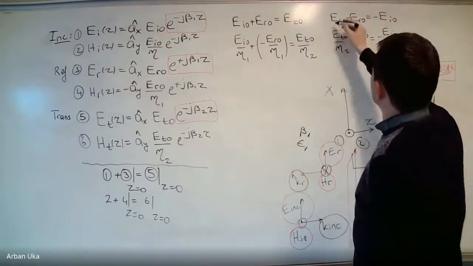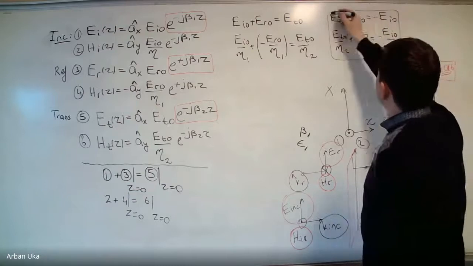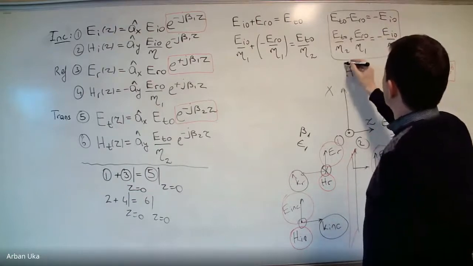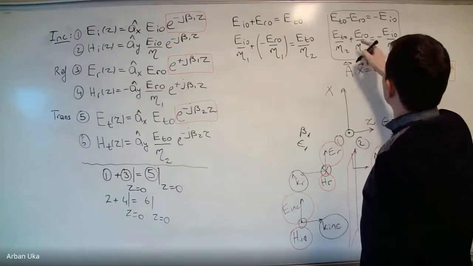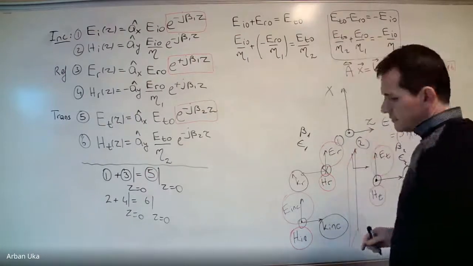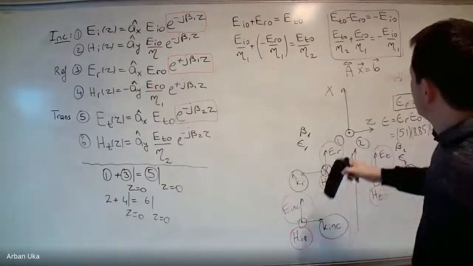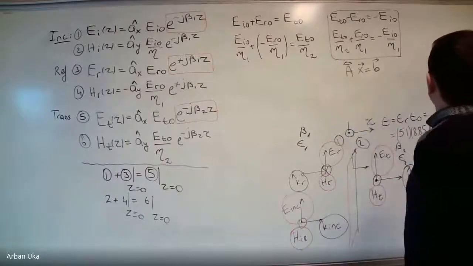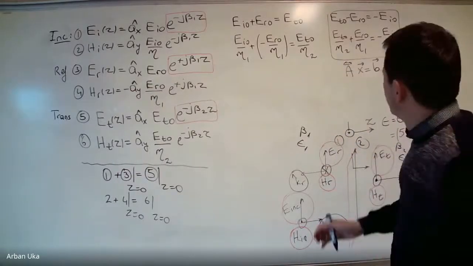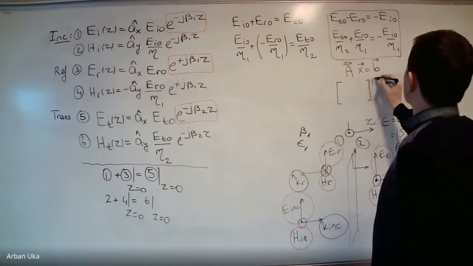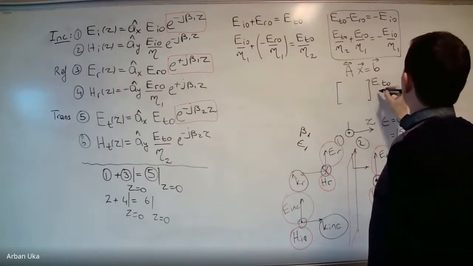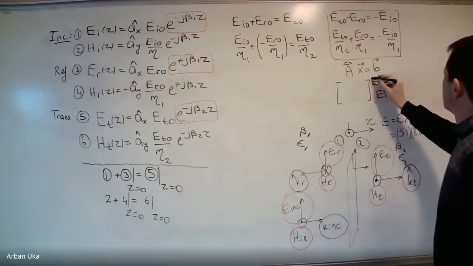I think this is simple because you can always solve this system, which looks like AX equals B. The coefficient matrix A is a 2x2 matrix, and the unknown vector holds ET0 and ER0.